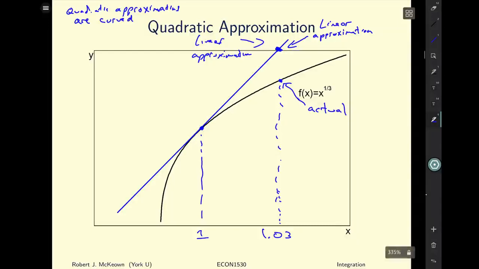So if I wanted to draw a quadratic, it would be between the linear approximation and the actual, and we might think of this dotted line here.